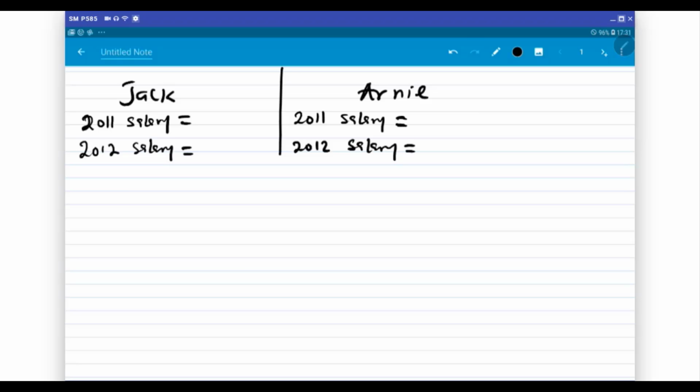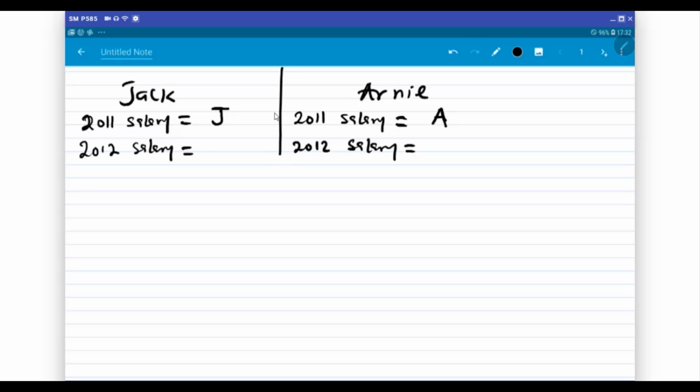Okay, so here let's say Jack's salary in 2011 is J, and Annie's salary in 2011 is A. Okay, so we're just talking about the change in the salary from 2011 to 2012. So let's pick values for the initials, just like we did for Kathleen in the last question. The initial salary, let's assume J for Jack in 2011 and A for Annie in 2011.